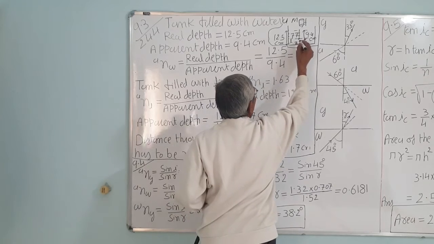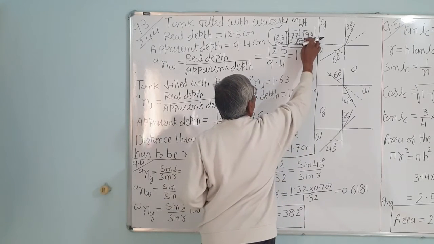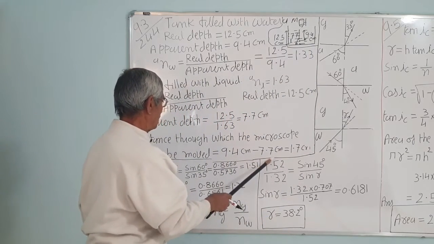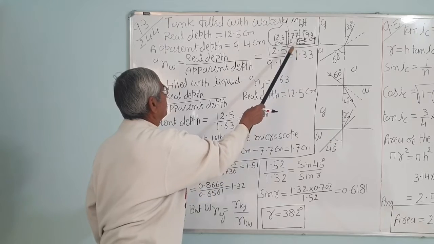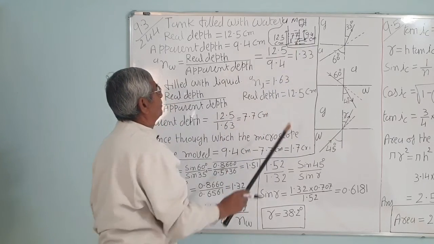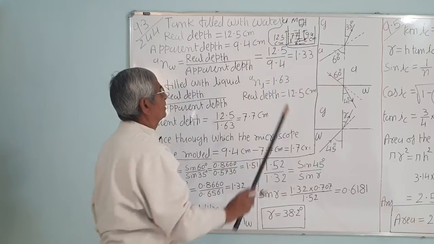So the microscope has to be raised by this difference, 9.4 minus 7.7, to focus the pin, because it will not be seen now at 9.4 apparent depth, it will be seen at 7.7 centimeter depth.